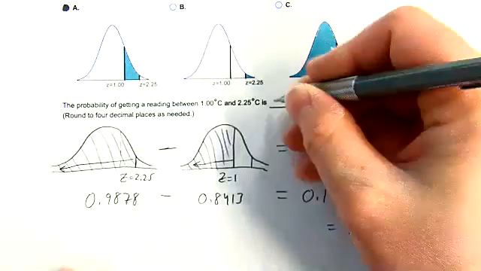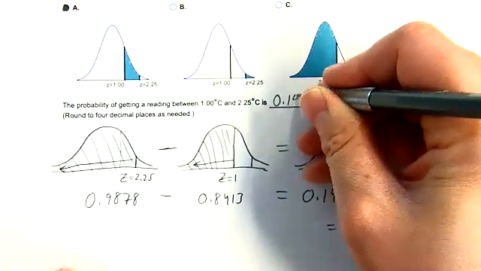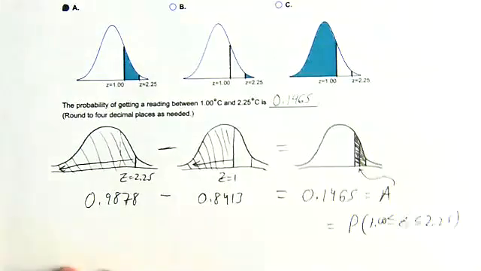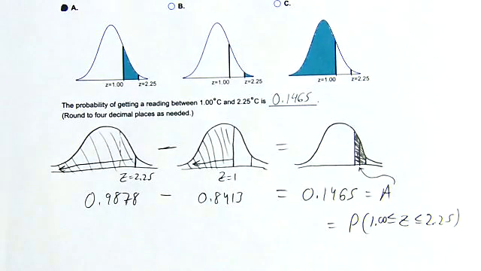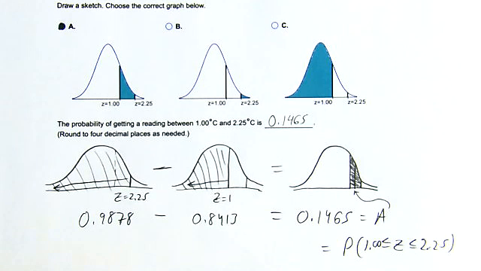And they want you to round to 4 decimal places, so you have to use the table and get it right. No rounding here. That's about as tricky as they get, just having to subtract two numbers.